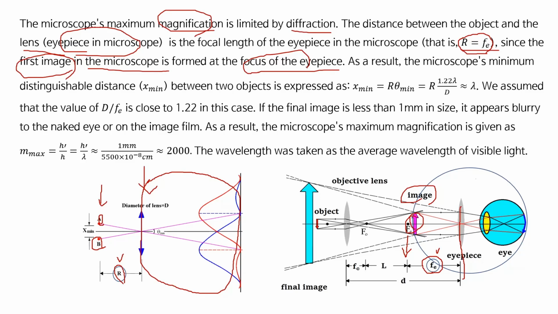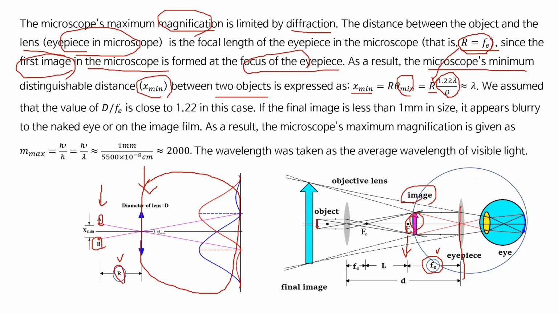As a result, the microscope's minimum distinguishable distance x minimum between two objects is expressed as R theta minimum. So theta minimum is given by this relationship, and R is Fe here.